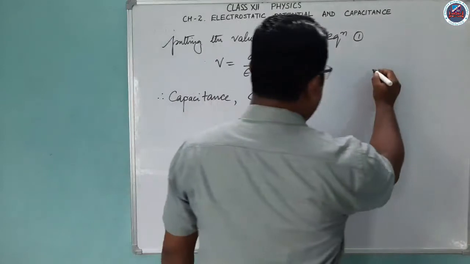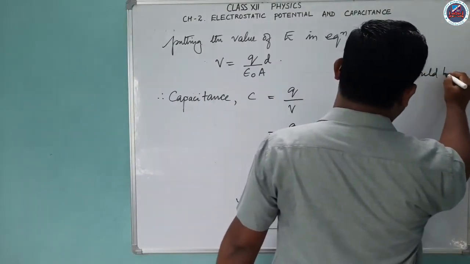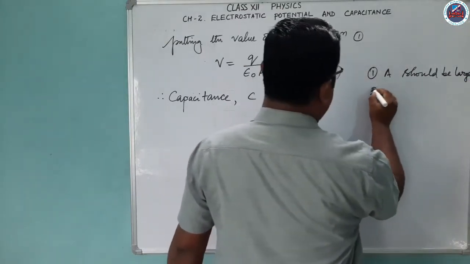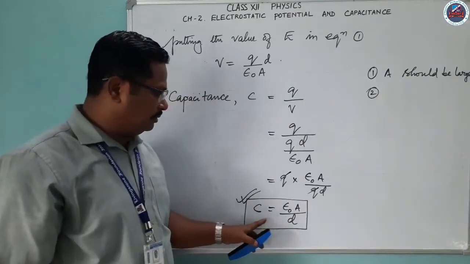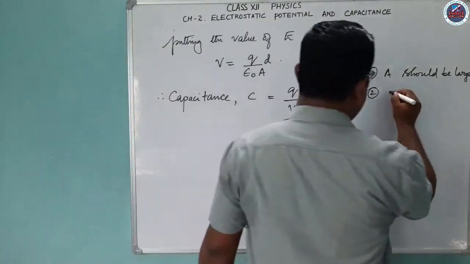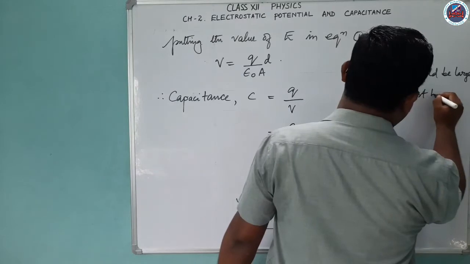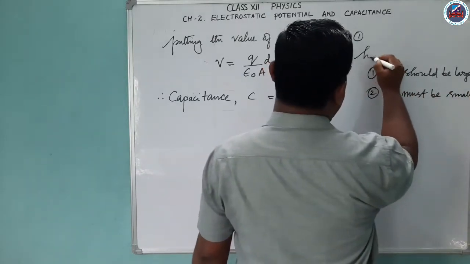This is the first thing: A should be large. The second thing you have to know is that the distance of separation must be very, very small, as it is inversely proportional. D must be small in order to obtain high capacitance.